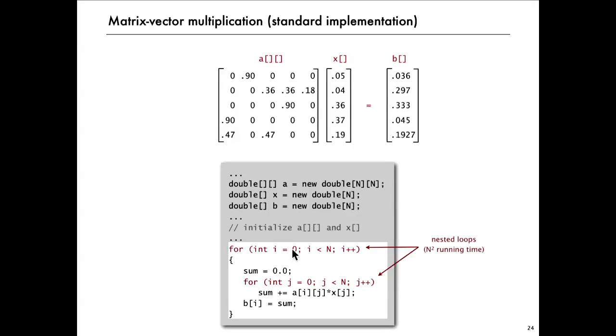For each row in the matrix, we go through each entry in the column vector and compute a running sum of the corresponding entries, and that's the result we put in the result column vector for every value of i. The key thing about this standard implementation is that it's two nested for loops that each run up to n, so that's n squared, or quadratic running time.